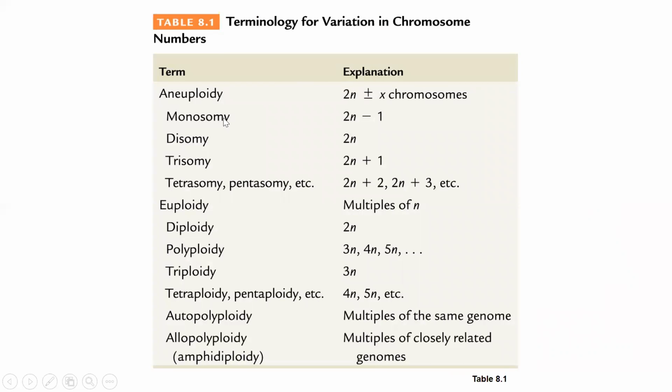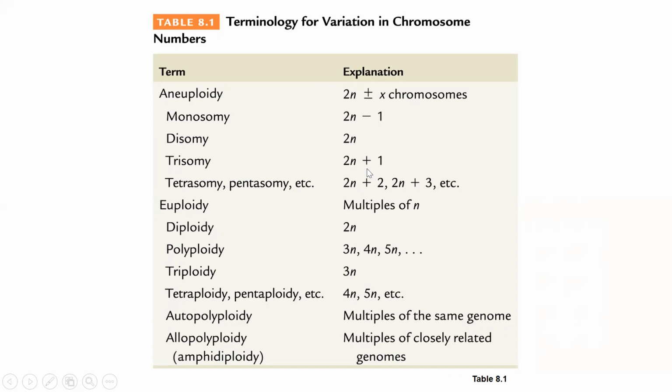One of the first ones would be monosomy, which is the diploid number minus 1. So if you're like humans that have 46 chromosomes, a monosomic individual would have 45 chromosomes, right? Disomy is just a regular diploid individual. You would just have the regular diploid number.